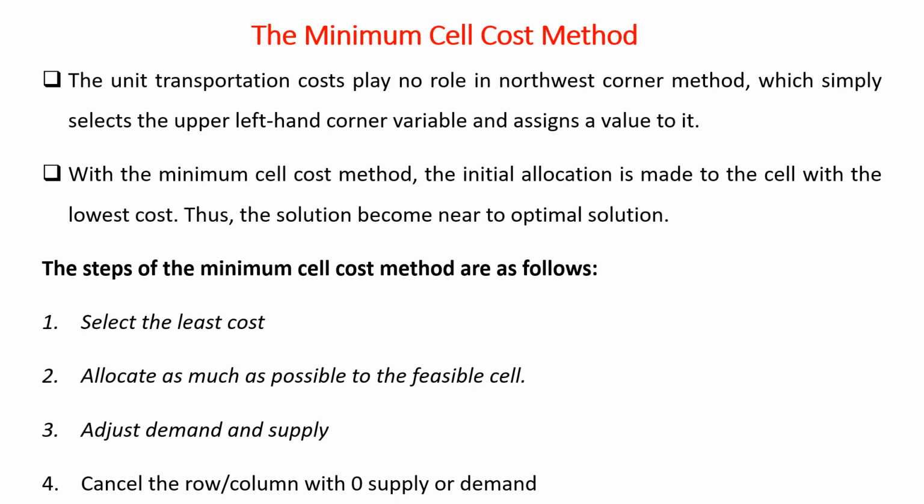By the way, in short, the difference between the northwest corner method and the minimum cell cost method is that in the case of northwest corner, we just select the upper left hand corner variable and assign a value. But here we have to first select the minimum cost cell, and then we start assigning. The remaining steps are the same. Here is the only difference.